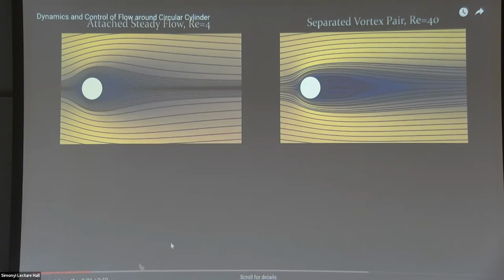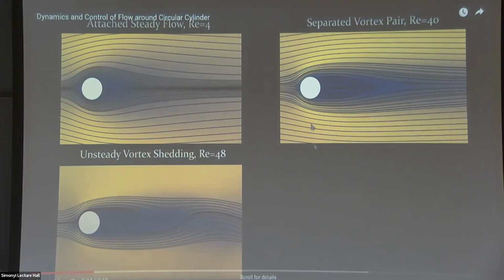Okay, so at small Reynolds numbers, there's a unique solution. It's steady. And it has these characteristic recirculation regions behind the cylinder. Here, the fluid is recirculating, and then these streamlines go around the body.